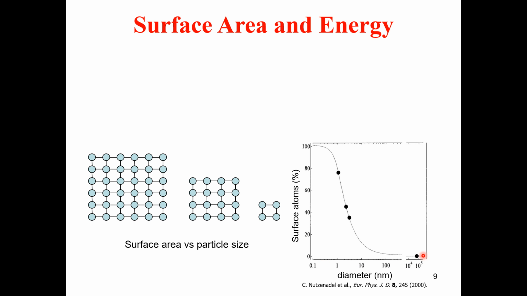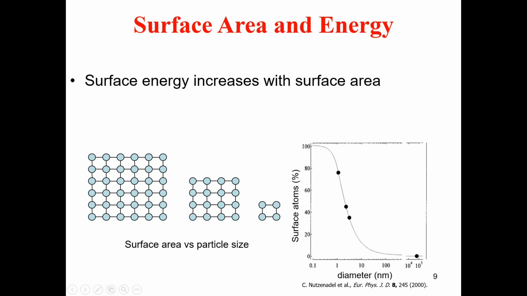When we reduce the diameter, under a certain edge the relation is a bit fixed. But when we reach this location, 10 nanometers, coming below 100 nanometers, we have a rapid increase in the surface atom percentage. This is a practical example of how the percentage of surface atoms increases with the reduction of the diameter. And here you can also see surface area versus particle size.